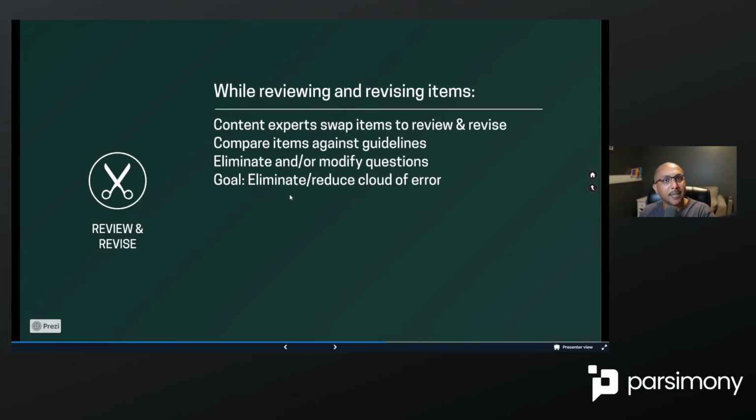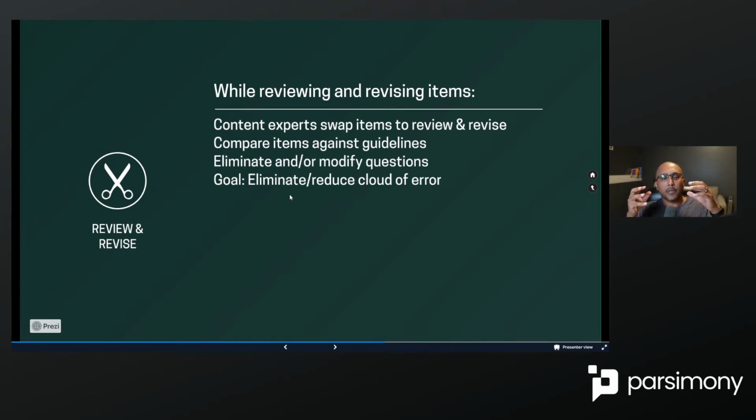Ultimately, you want to take all these questions, compare them to these best practices, and start modifying or eliminating questions with the goal of reducing what I call this cloud of error. When a respondent reads a question, they have to do several things. They have to read it, interpret your question, retrieve the response, and then pick the right choice in the case of multiple choice, or give you their accurate response.